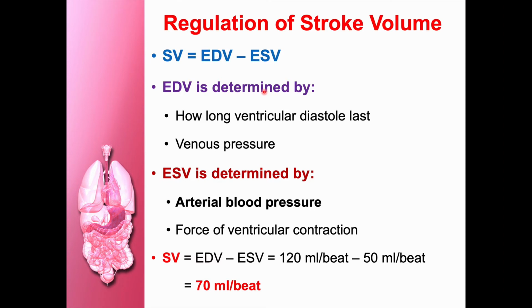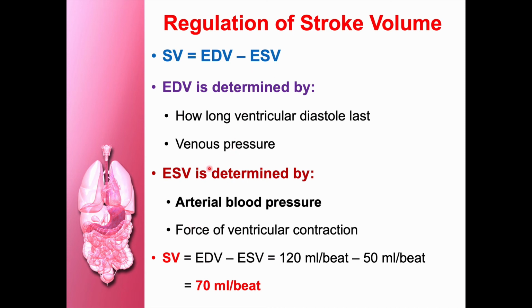Regulation of stroke volume: stroke volume is equal to end diastolic volume minus end systolic volume. How do you find end diastolic volume? It is determined by how long ventricular diastole lasts. For example, diastole of the ventricle lasts for 0.4 seconds. That is related to venous pressure.